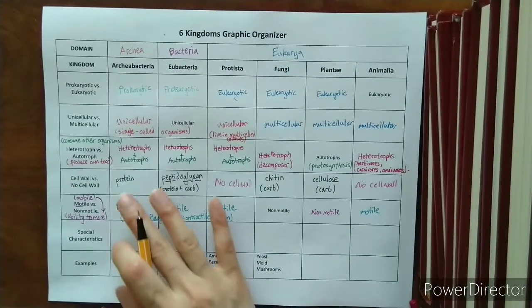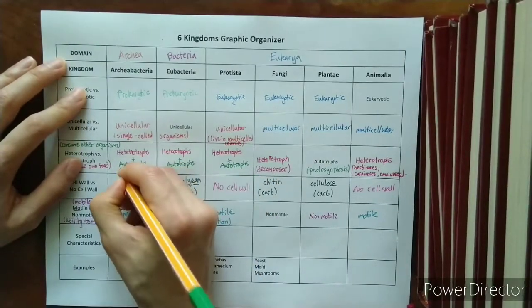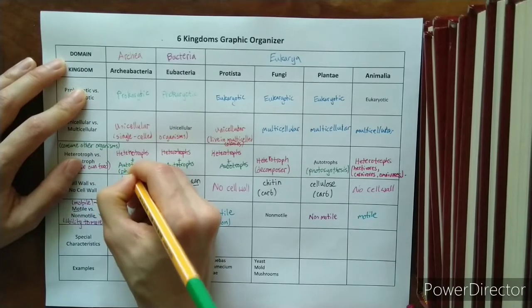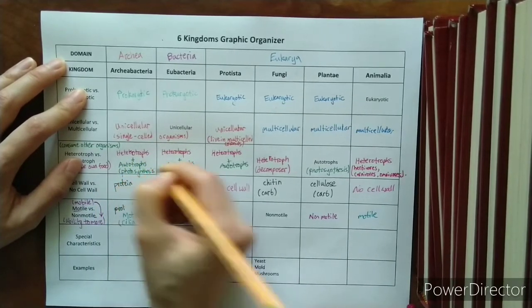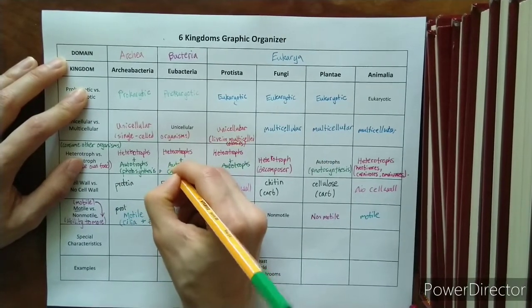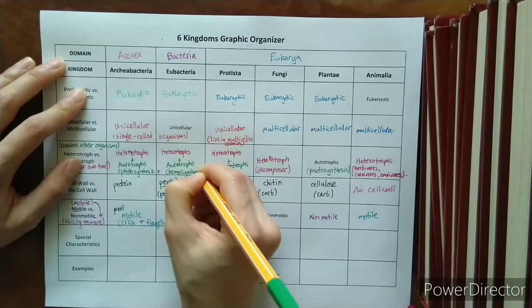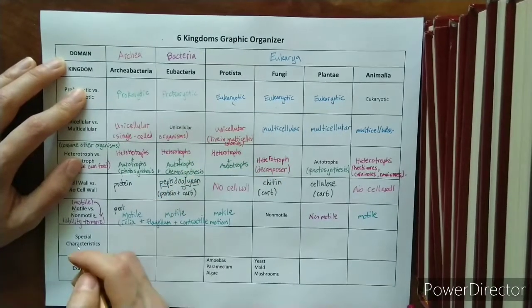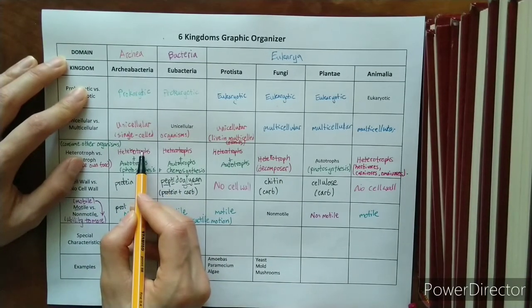These guys will sometimes use things like photosynthesis, depending on if they have plant-like qualities. This is going to be especially for a protista. They will also sometimes use something called chemosynthesis, in which they take other chemicals and convert them into glucose to use. That is especially true of Archaea bacteria.